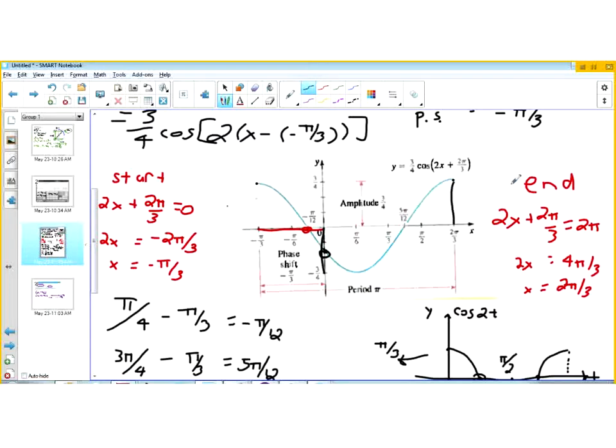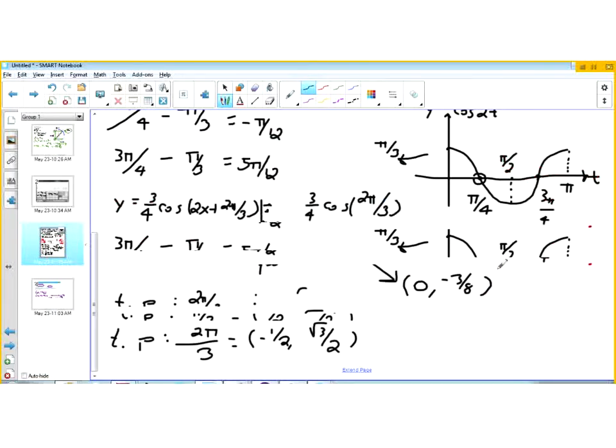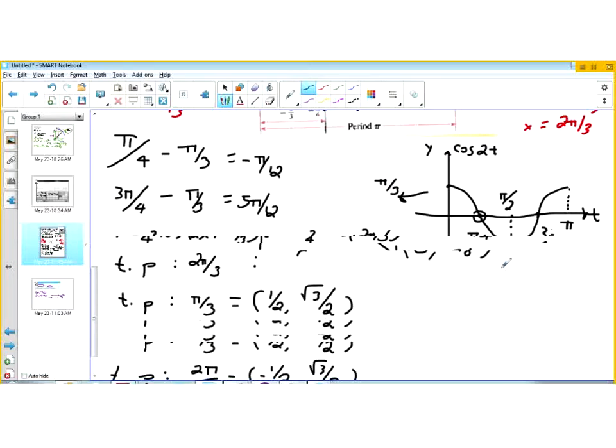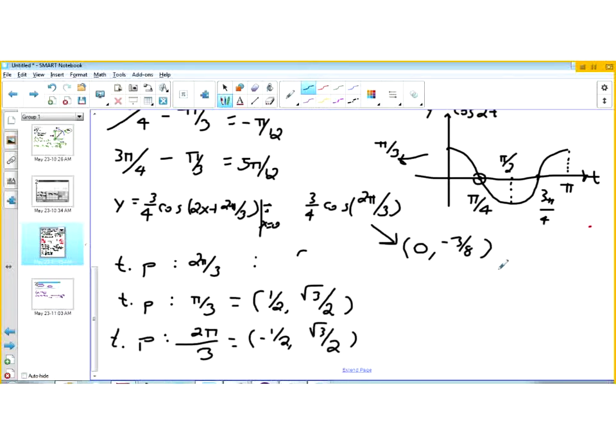Just copy, paste, paste, paste, or you can start at negative pi thirds and paste to the left. The tricky part is making sure that the intercepts are correct and that the local mins and local maxes are correct. That's something we'll explore more, and it is the same technique we'll use with all 6 trigonometric functions.